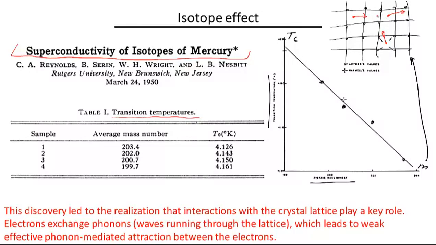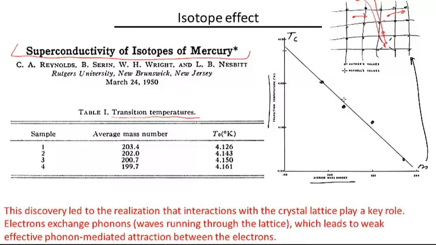Then if a second electron comes into the same region, this second electron is attracted to this region, and this results in an effective phonon-mediated attraction between the electrons.